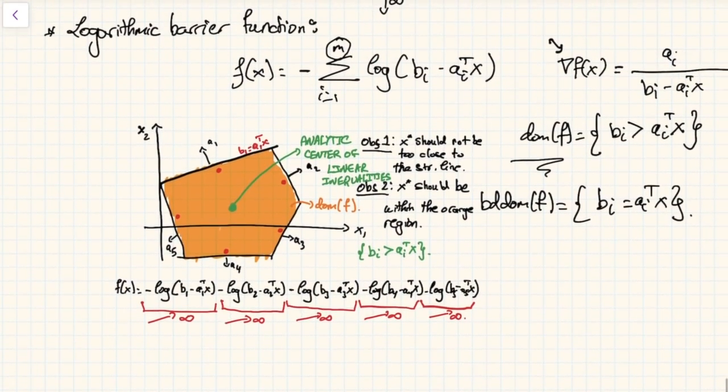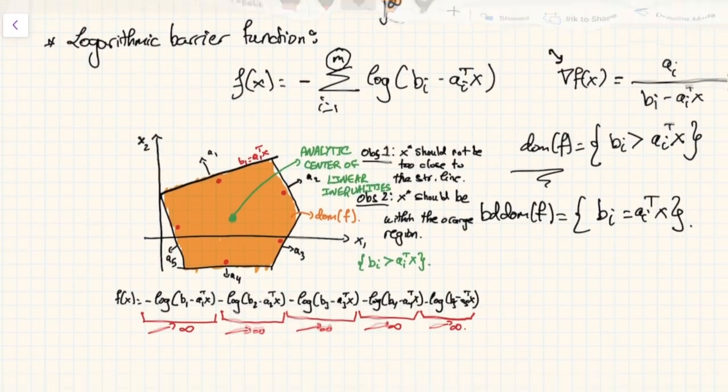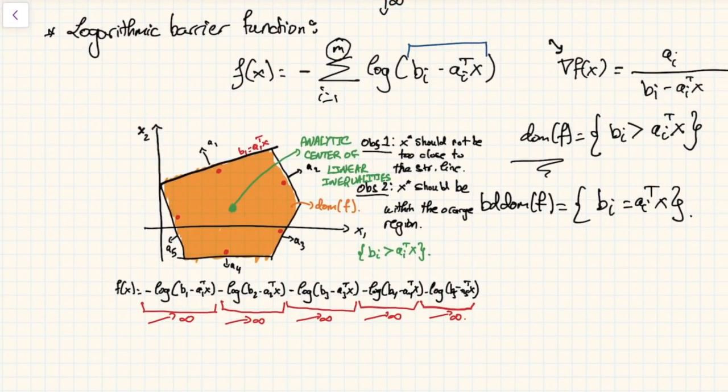So right here, if you look at your bi minus ai transpose x, those are linear inequalities. I mean, they are affine transformations, and they actually reflect your linear inequality bi strictly greater than ai transpose x. But nothing could prevent generalizing this further to matrix inequalities.